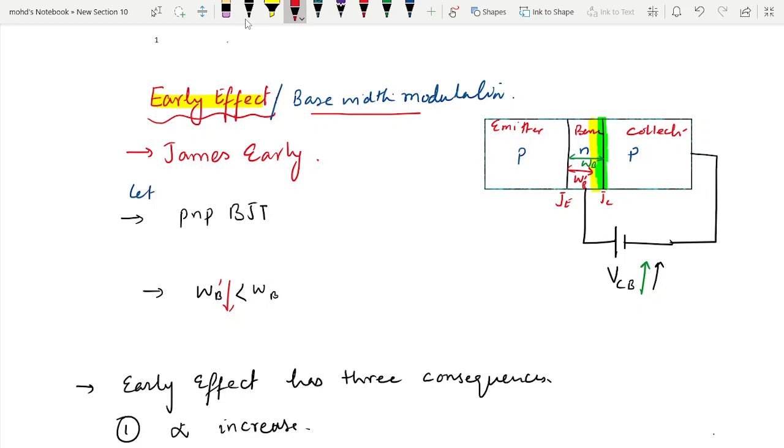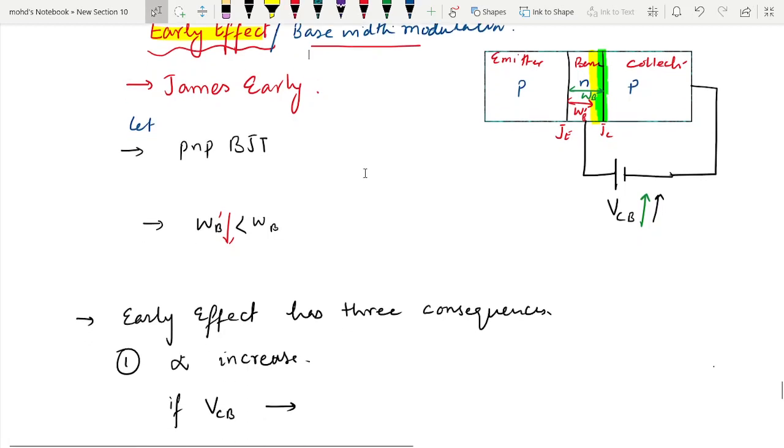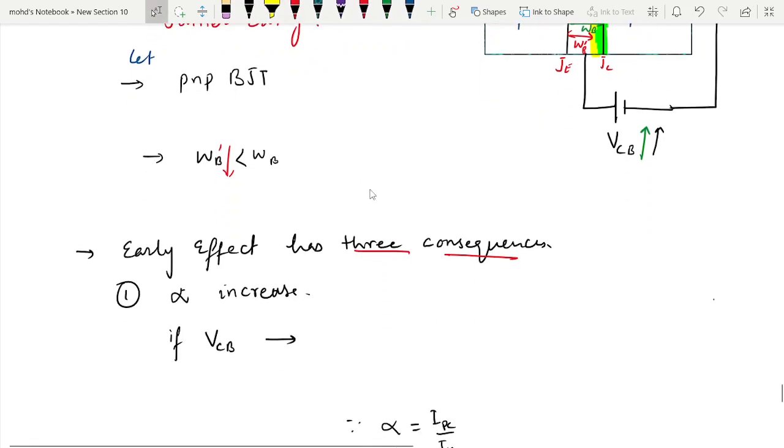Now, the early effect or base width modulation has three consequences. The first consequence is alpha increases. Alpha is the large signal current gain of common base.